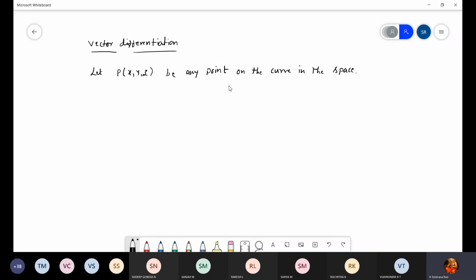Then the position vector is given by, next line, r equals xi plus yj plus zk.